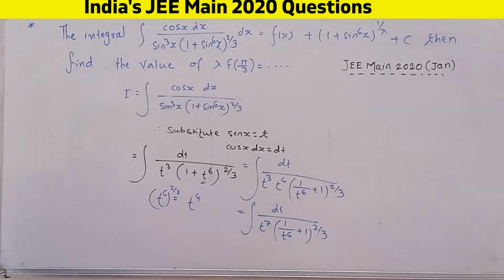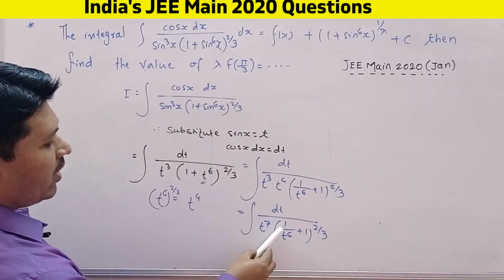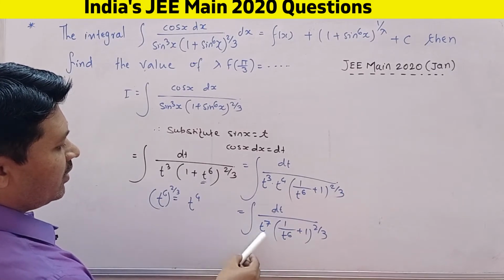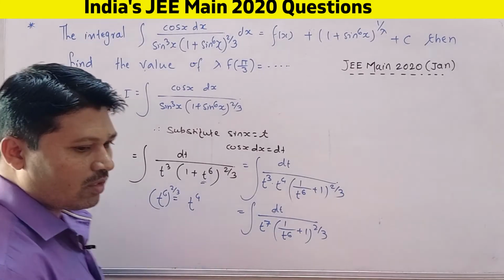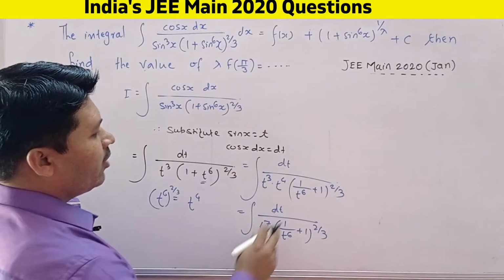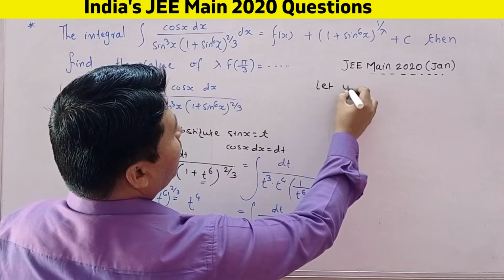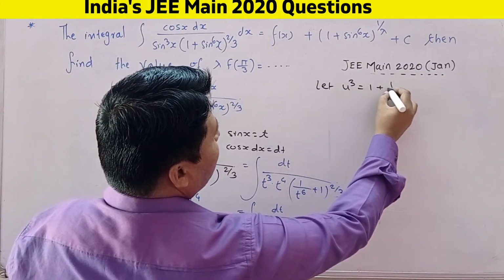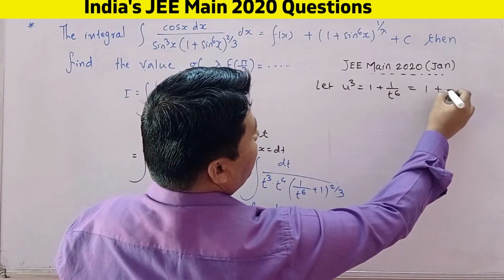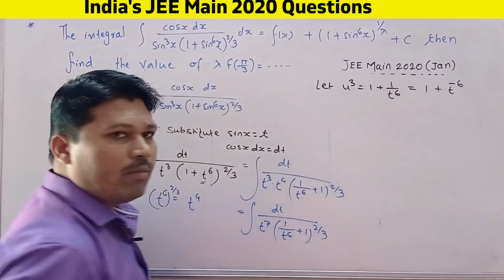Now we observe that the derivative of 1 upon t to the 6 plus 1 is present in the denominator part. So I can put the substitution method again: let u cubed equal 1 plus 1 upon t to the 6, that is 1 plus t to the minus 6.